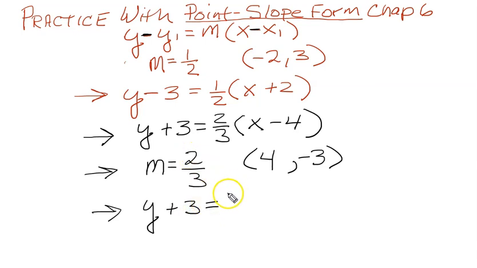Now the slope is easy. That's going to be 2/3. And then x minus the 4. Minus is in the formula. And this is where students often mess up on this, which is rather easy if you know the technique that's going on.